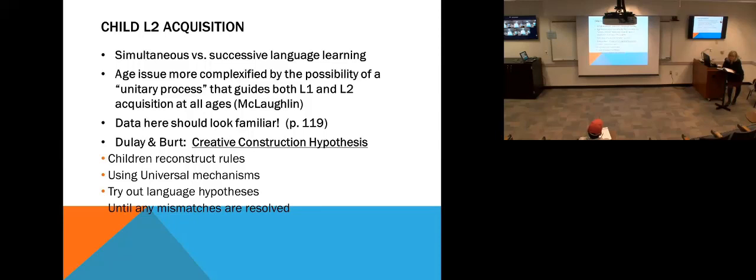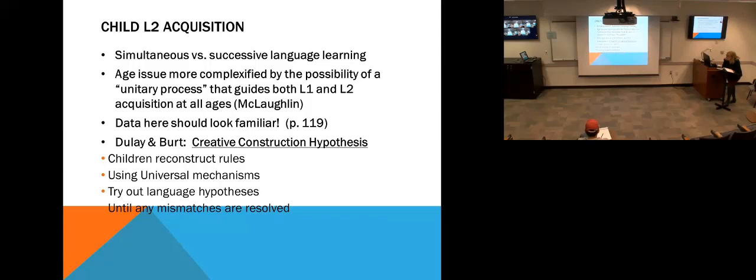It's a unitary process, L1 and L2, regardless of whether you're a child or an adult, and that it's other things that interfere with that mean that you don't become the same kind of speaker usually in your second language. But as I say, we're going to look at more detail in that.